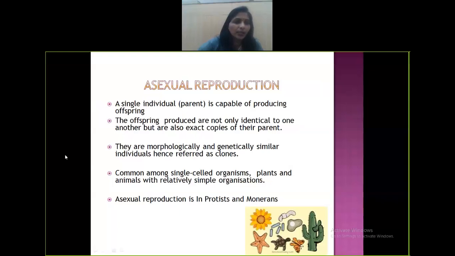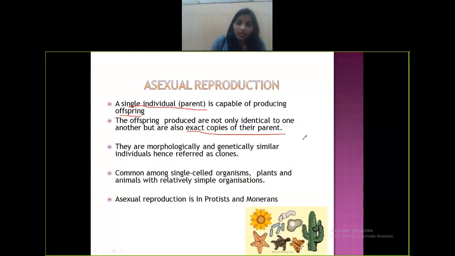A single parent is involved over here, and a single individual is capable of producing the offspring. Now what happens to the offspring that are produced? Offspring will be ditto, exactly the same copy of their parent, and all the offspring will be identical to one another.